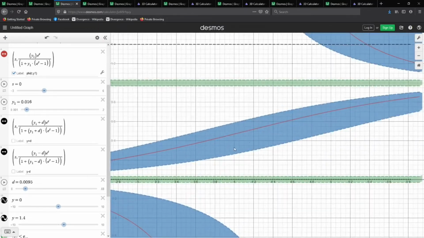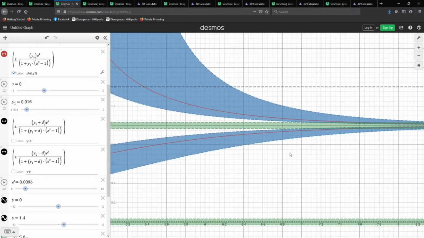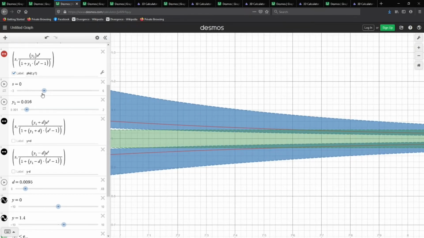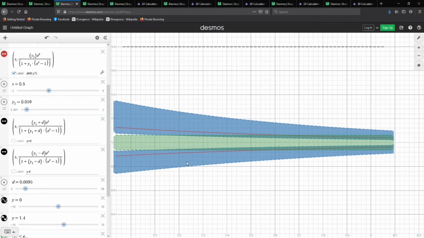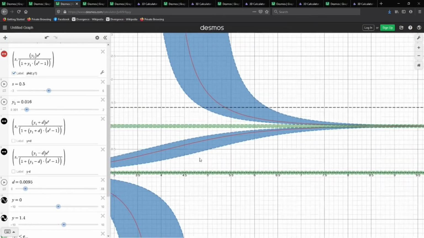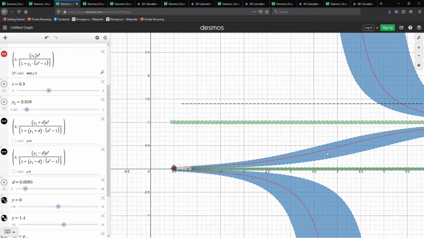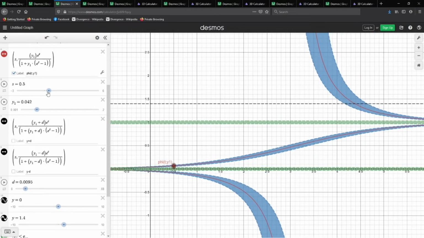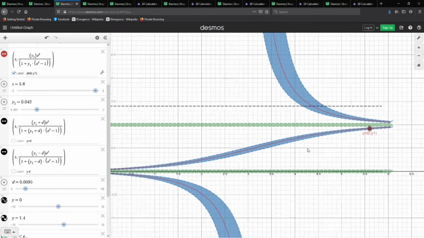And not only that, as time advances, our solution is going to head towards this right here.